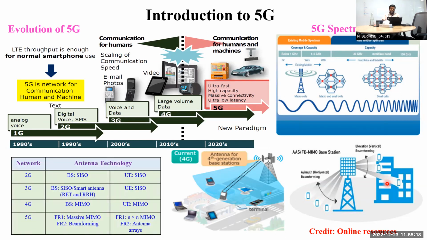Next, about the antenna technology: in 2G we had only single input, single output, one-to-one communication. Then in 3G they introduced some advancements on the base station side, for example, RET and RRH. RET means you can tilt the coverage range towards wherever you want. Then in 4G, MIMO technology was introduced in both the UE as well as the base station side.